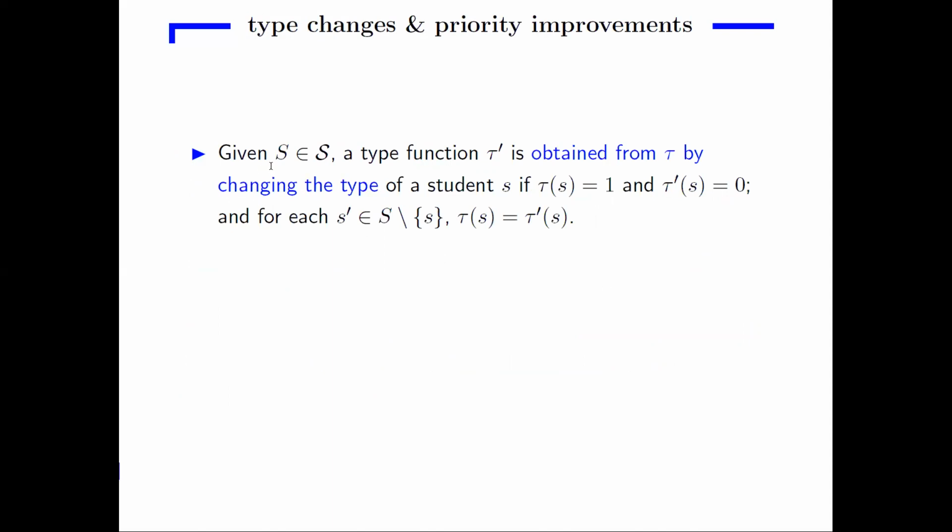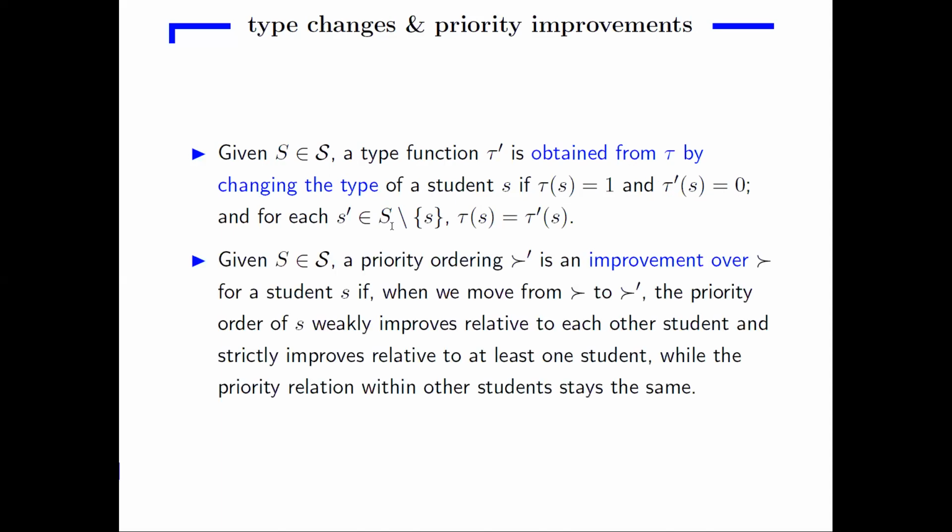Given a set of students S, a type function tau prime is obtained from tau by changing the type of a student s if under tau, student s is a minority, but under tau prime, he becomes a majority. His type is now 0. And the assumption is that there are no other type changes. All other students keep their types as they are. This is the definition of changing a type.